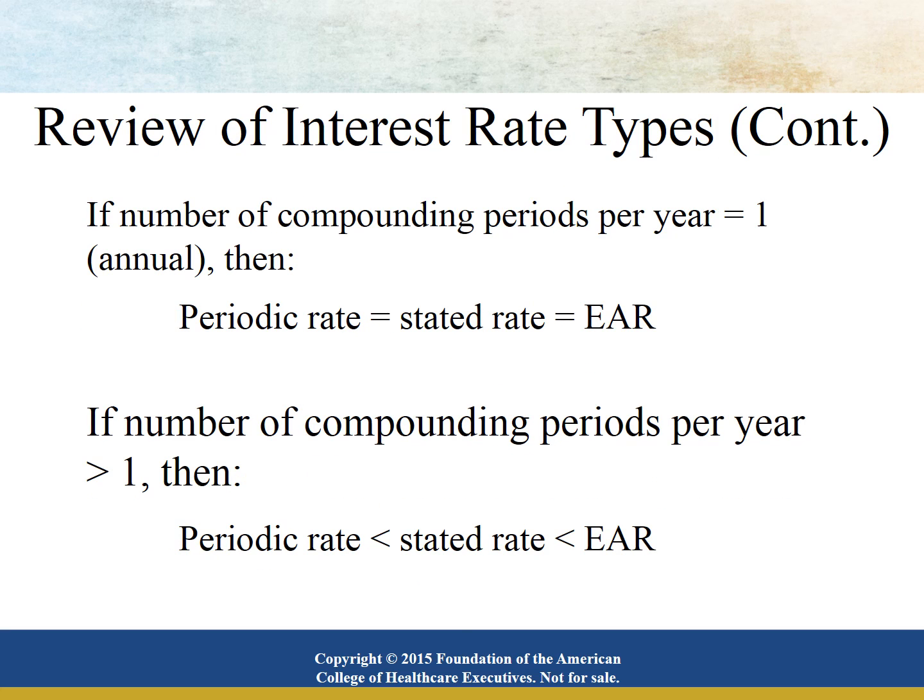All right, if the number of compounding periods per year is one, then the periodic rate is equal to the stated rate is equal to the earned rate. We're only compounding one time. If the number of compounding times per year is greater than 1, what happens? The periodic rate is less than the stated rate, which is less than the earned interest rate. The effective annual interest rate is actually greater than the periodic rate because we're compounding multiple times.